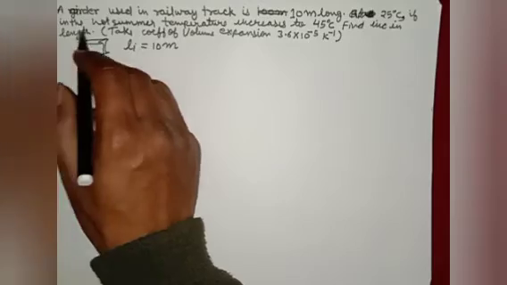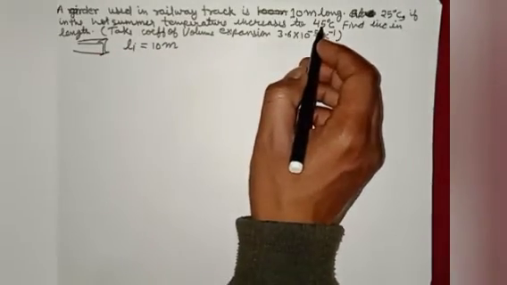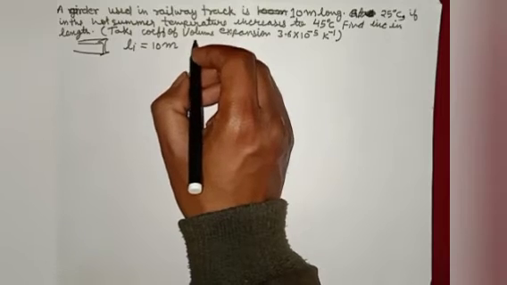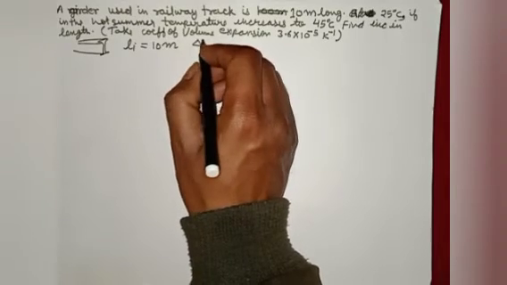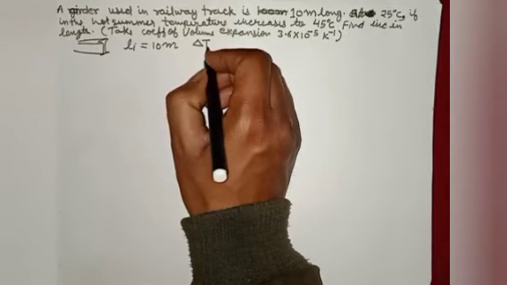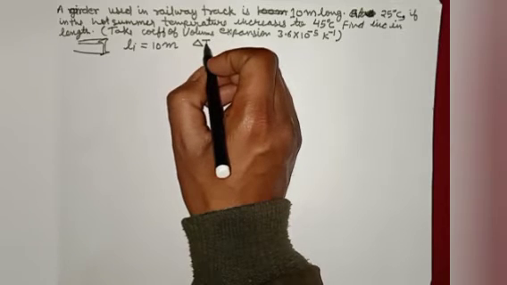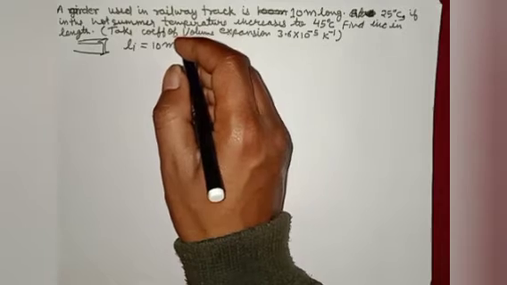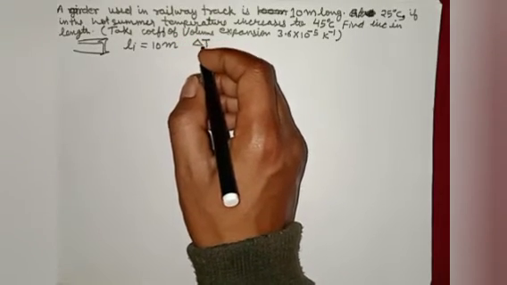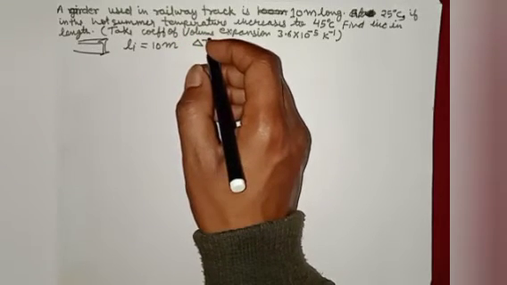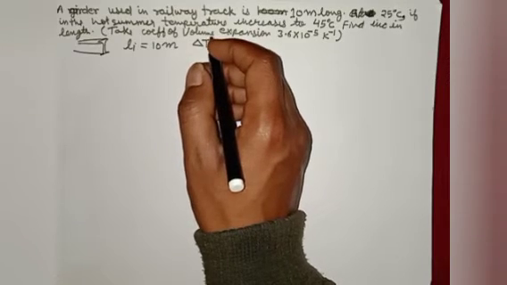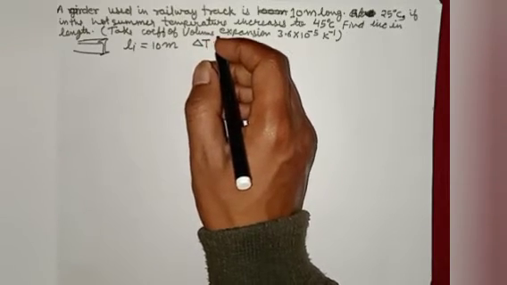If in the hot summer temperature increases to 45, now see, one interesting fact is there. I'm directly finding delta T. I'm using capital T, which is related to Kelvin scale only. Actually, we write temperature with capital T if temperature is in absolute scale, that is Kelvin scale.